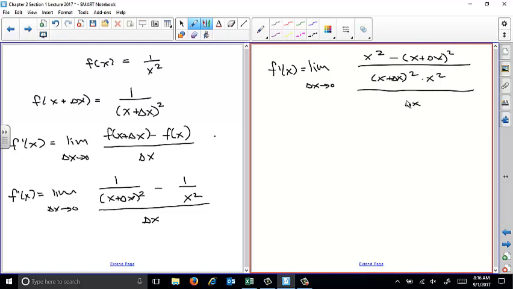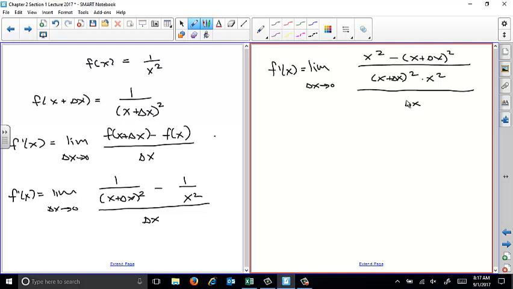So I've done just like the previous problem, cross multiplied. So you get 1 times x squared minus 1 times x plus delta x quantity squared, divided by the product of these two, divided by delta x.